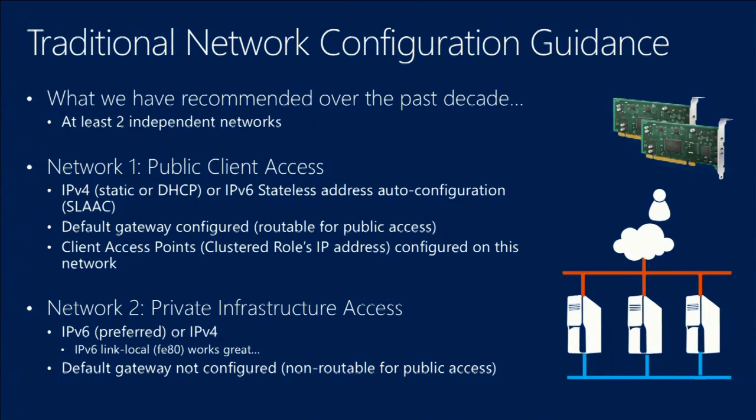For client access, however, again, we support both v4 as well as v6. However, the IPv4 autonet addresses are not supported for clustering in general. But the IPv6 link local addresses on the private network are very much encouraged, and cluster works on top of them just fine.